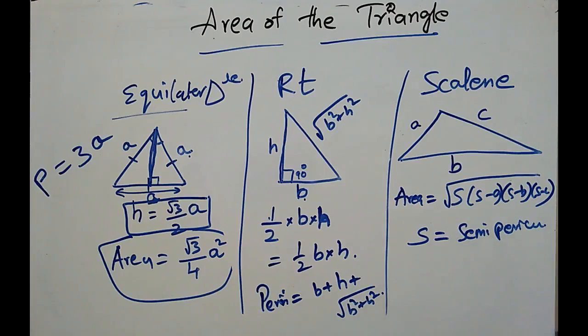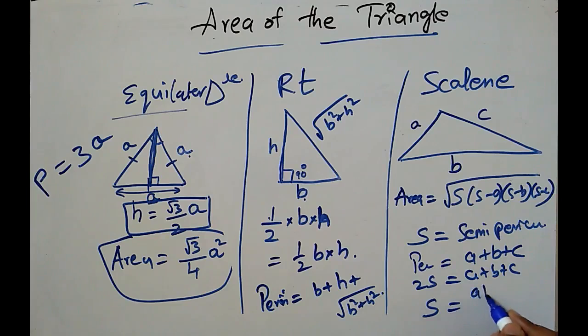Semi-perimeter means half of the perimeter. Perimeter is given by a plus b plus c, which is nothing but 2s is equal to a plus b plus c. And what is s? It equals a plus b plus c by 2.